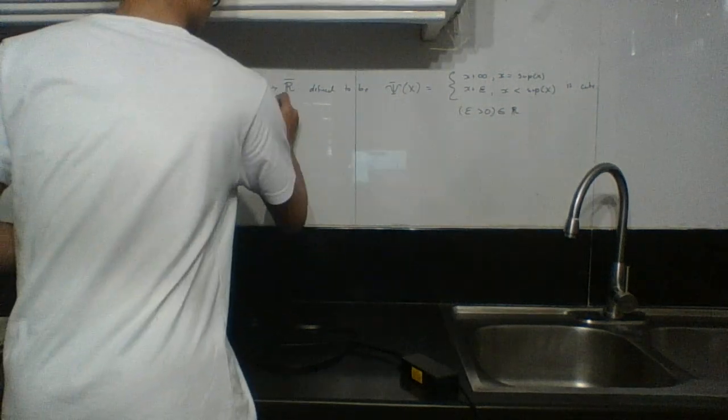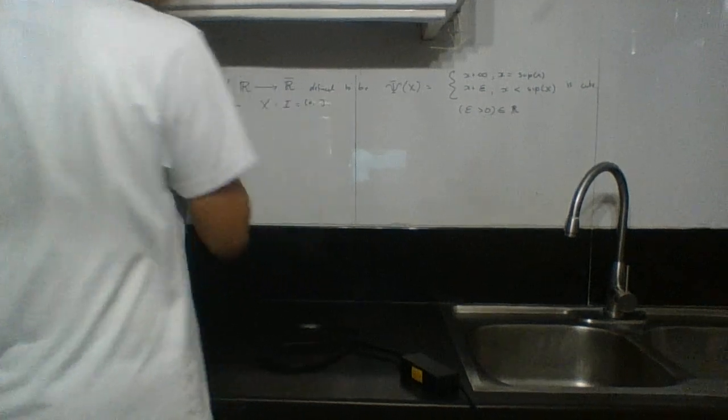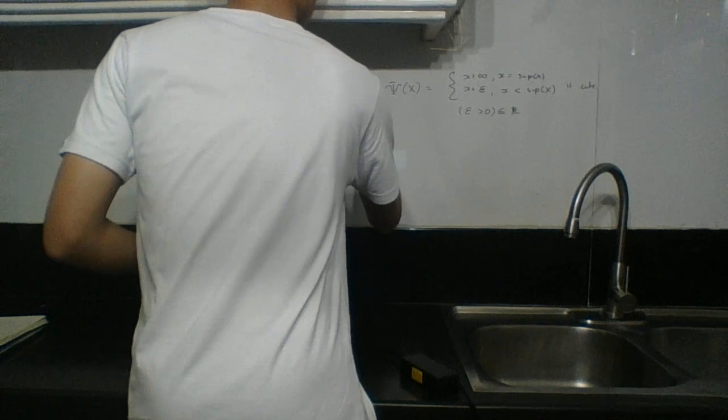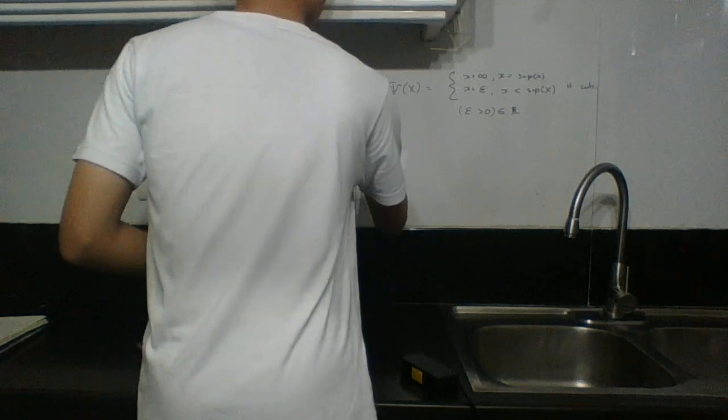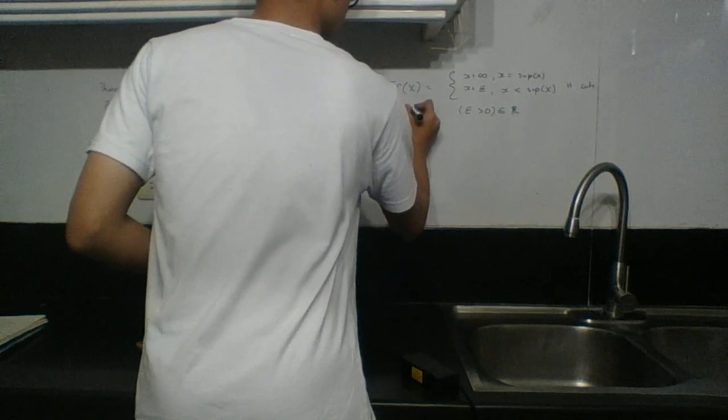So I'll let x be equal to the unit interval, 0 to 1. So big psi of 0 gives 0 plus epsilon, which is just epsilon.